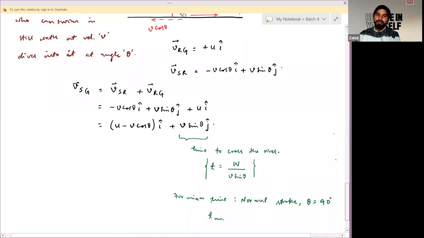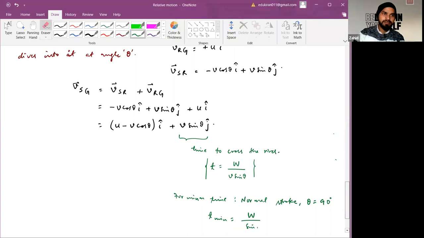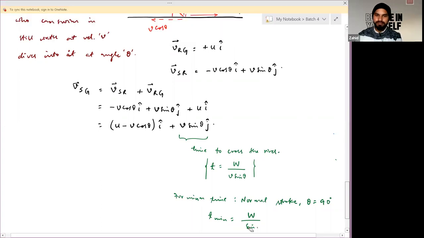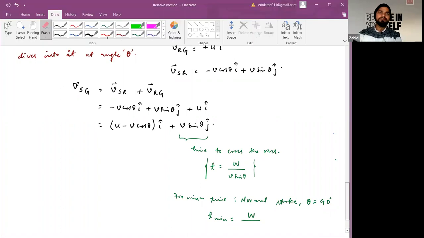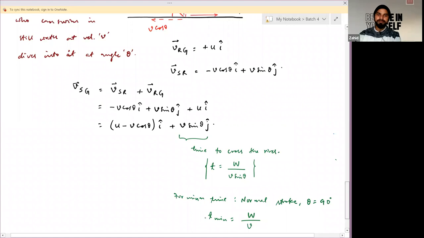So T minimum in this condition will be W divided by V. So this is your first formula for crossing of river.